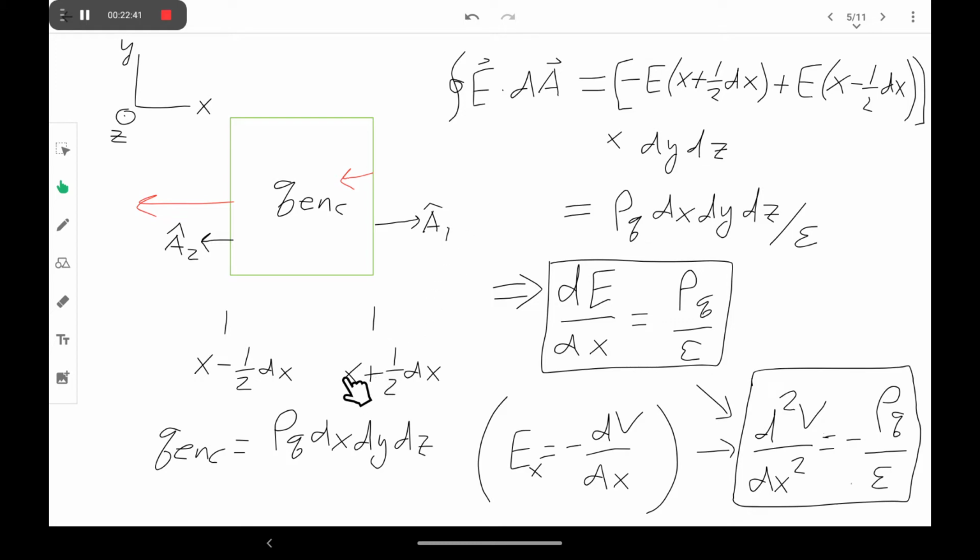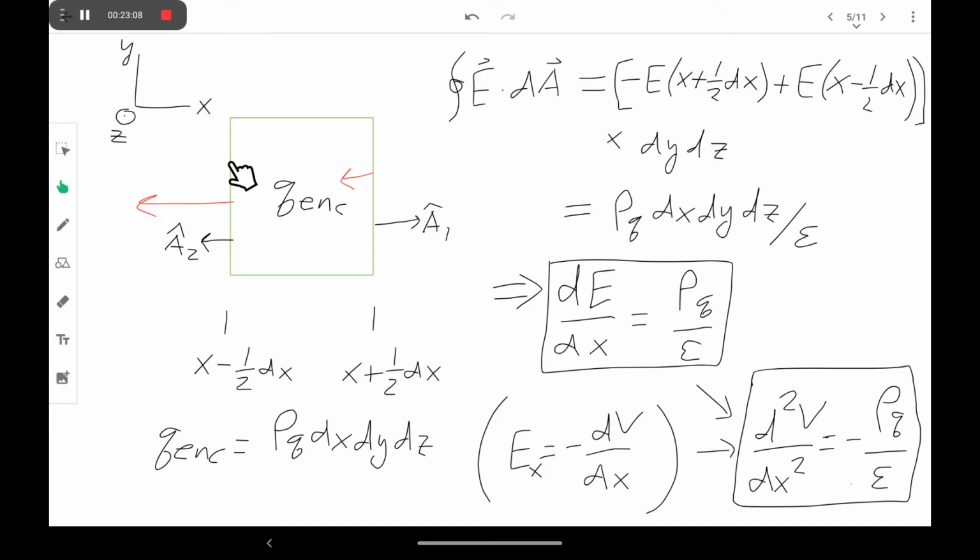So at this location of x plus 1/2 dx, so if x is the center of this, and this length is dx, that means this side is x plus 1/2 dx. So the electric field at x plus 1/2 dx is pointing opposite dA, which means the dot product gives me a minus sign. And then here I have times the area, which was dy dz.